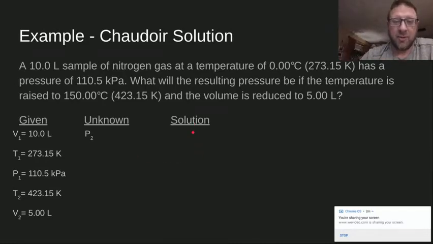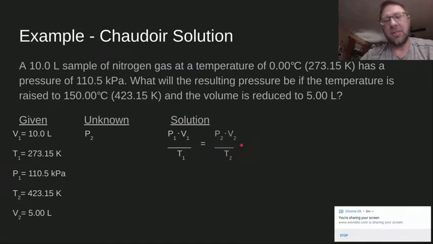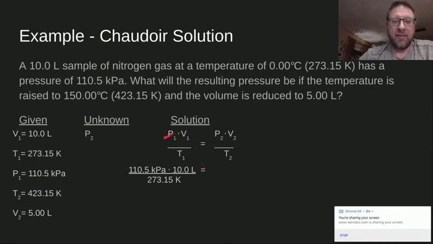So the solution, we're starting with our equation, P1 times V1 over T1 equals P2 times V2 over T2. The reason we call this the Chaudhua solution is we just plug everything in as it is. So I'm going to take the P1 of 110.5 kPa and plug that right in here for P1.